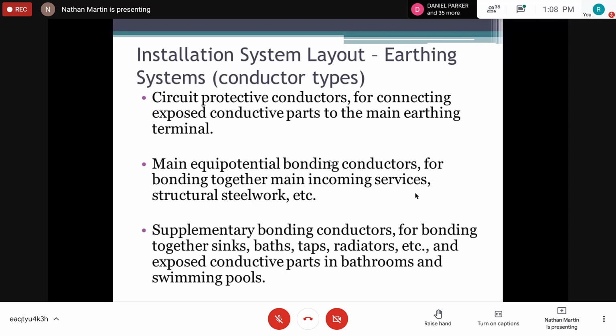But however, for most applications, for instance, you're using a twin and earth cable. You might be using a 2.5 twin and earth cable. What you realize is that if you were to look at the specifications of the cable, the two phase conductors would be 2.5 and the earth conductor will be 1.5, right?